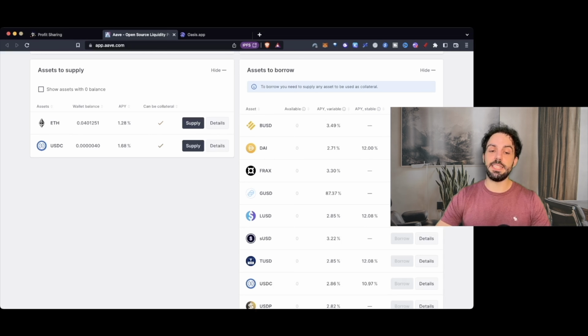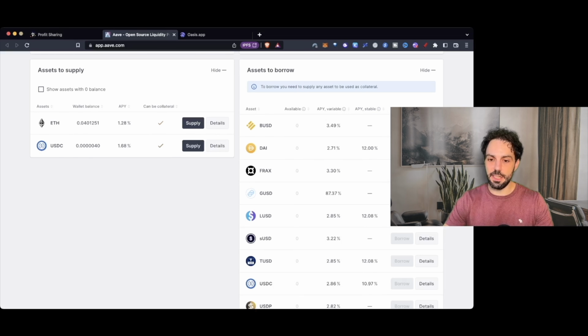But the beauty is that instead of just keeping your Ethereum locked in your wallet without any kind of passive income opportunity, in this case, you can supply it into this protocol and start earning this kind of APY. If you're wondering why this Ethereum is producing APY, well, for the simple reason that this application, through the smart contract, this intelligent and automated contract, is managing different kinds of transactions, taking this money and lending it to someone else.